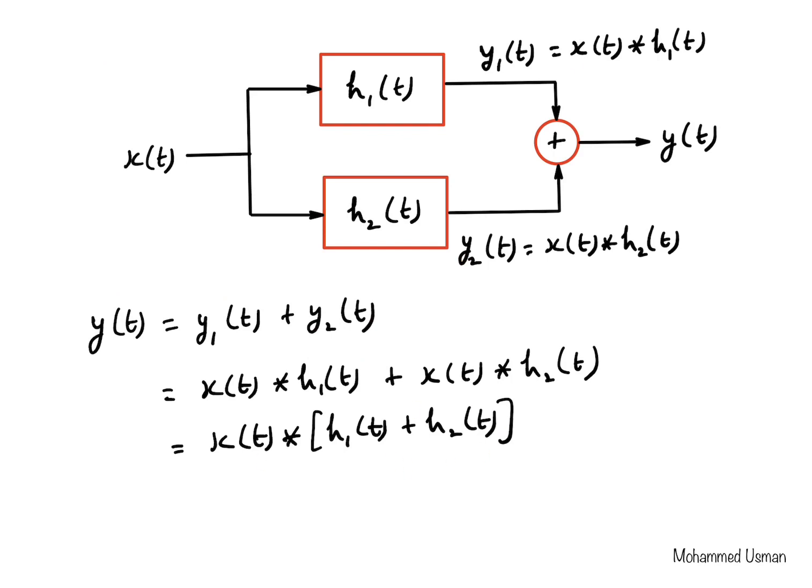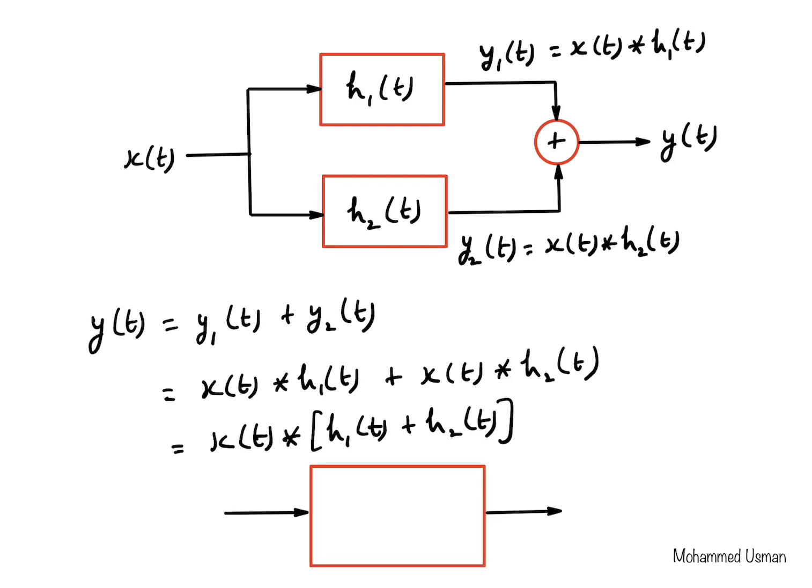Or basically what that means is we can replace this combination of two parallel systems with a single system whose impulse response is the sum of these two impulse responses. That is what it means.